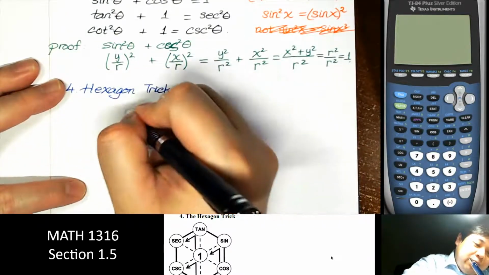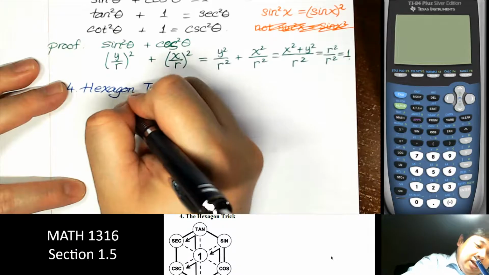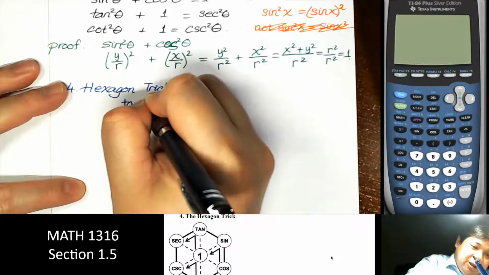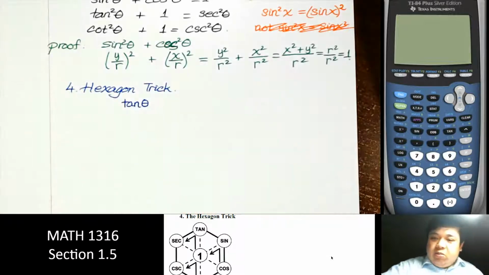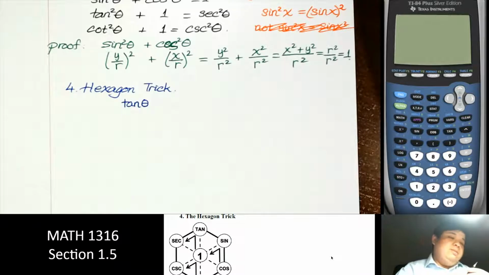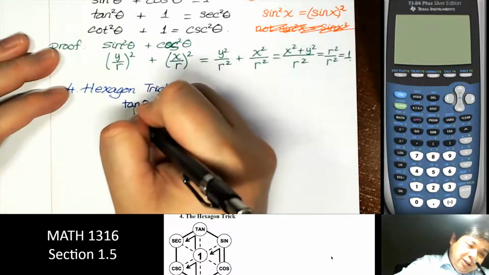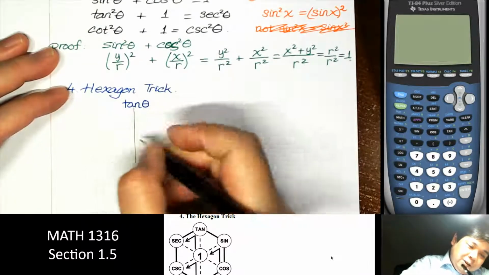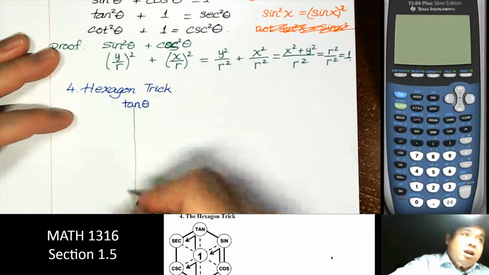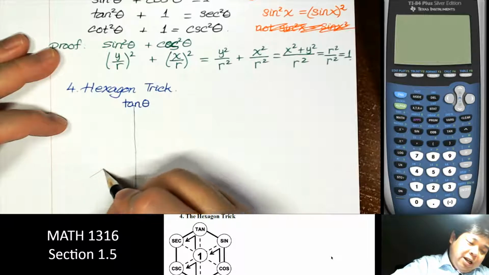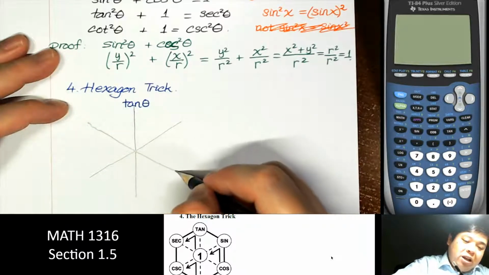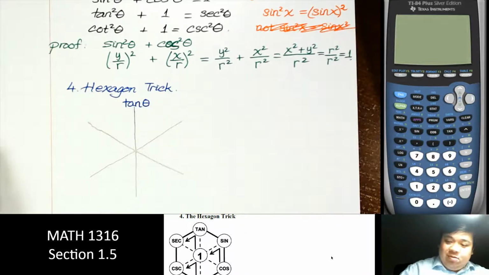So the hexagon will be: put tangent on the top. Then cut that line in half, and then just draw one big asterisk.